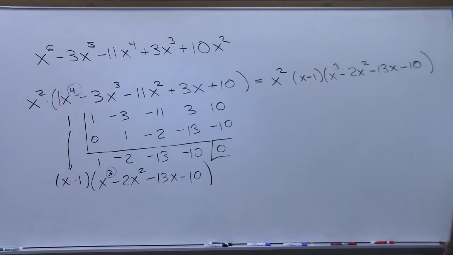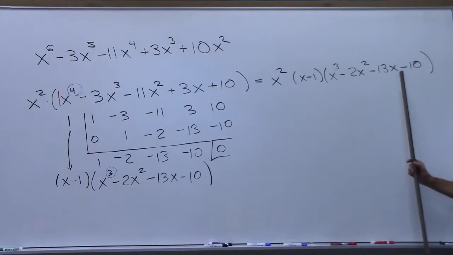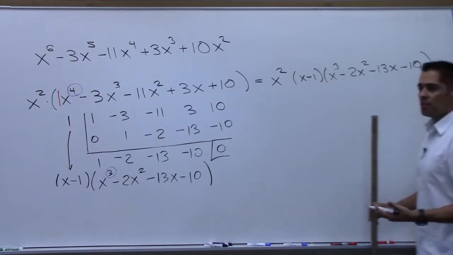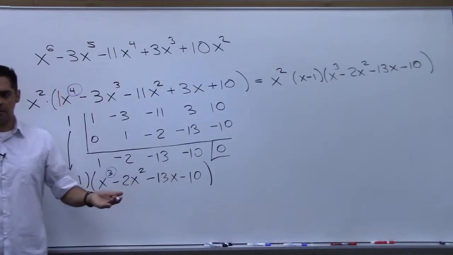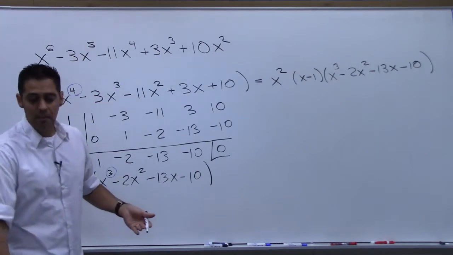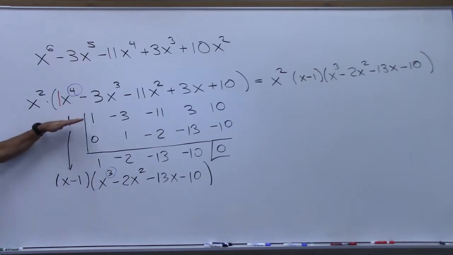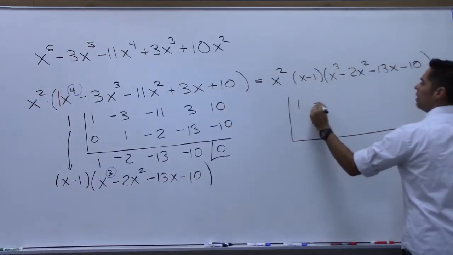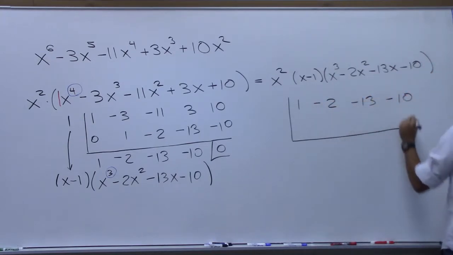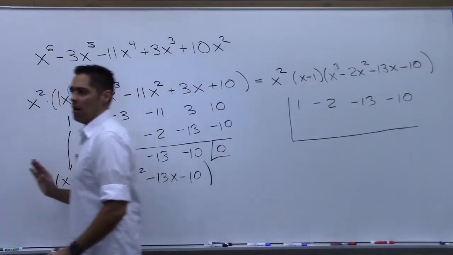So do we do that again? Yeah, so the question now is what do you do? Start the whole process over, make a new list. Well, it actually turns out that the list you had, you can keep working off that list. You don't have to create a new one. It's coming off the same polynomial. But there's one catch to this. If you're going to use the same list, then when you set up your new synthetic division, which would be 1, -2, -13, -10, you need to start where you left off, even if it worked.